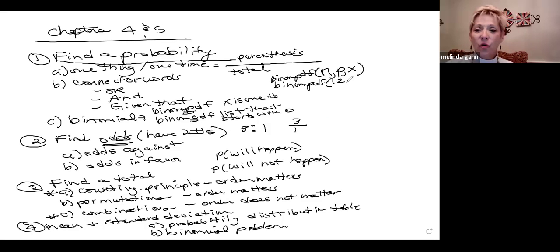So maybe my total is 12 and my probability is 0.3 and my X is a 7. I'd have to type it that way. Now, some of you on the newer ones, if it says number of trials, that would be your 12. Number of successes would be your 7. So, you know, with your menu.